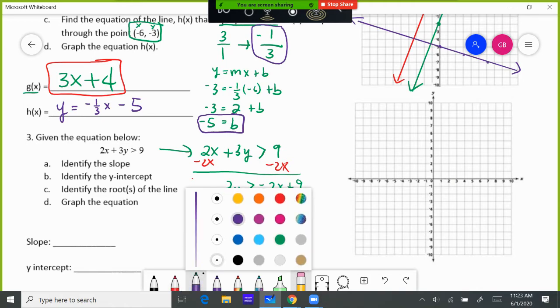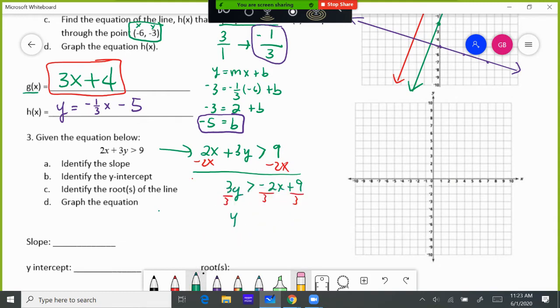So y is greater than negative 2 over 3 x plus 3. Now we can see that the slope is negative 2 over 3. And the y-intercept is the number that's by itself. That's positive 3.